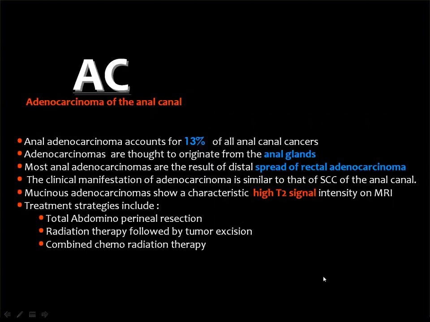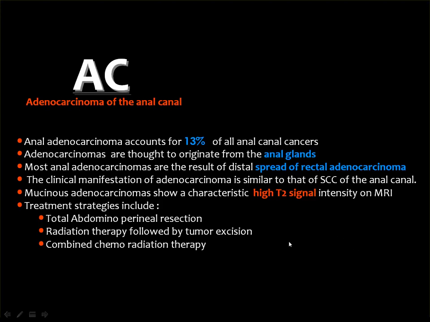Then we came to the anal adenocarcinoma, and adenocarcinoma of the anal canal is in the range of 10% of the anal tumors. The adenocarcinoma may arise from the anal glands, but most of the anal adenocarcinomas are the result of distal spread of rectal adenocarcinoma.